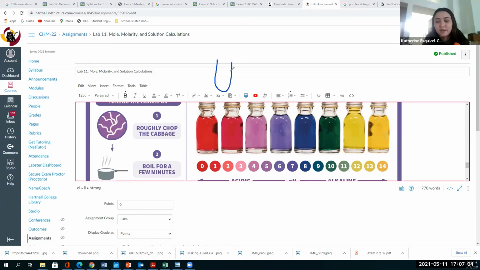So you want to get a fresh tube, rinse it out, and put vinegar in it. Then add again about 1 or 2 mils of your cabbage indicator to that. And how much of the vinegar? About 5 mils. You don't need much.